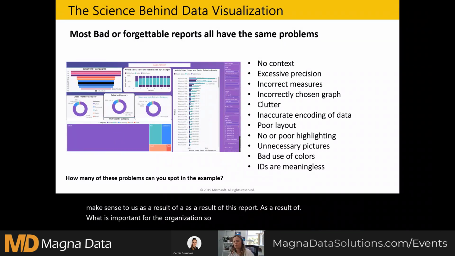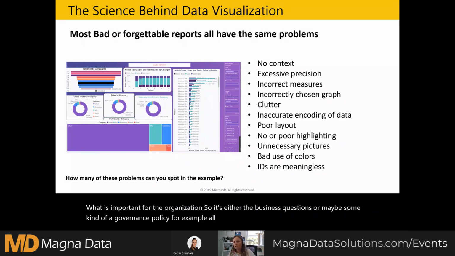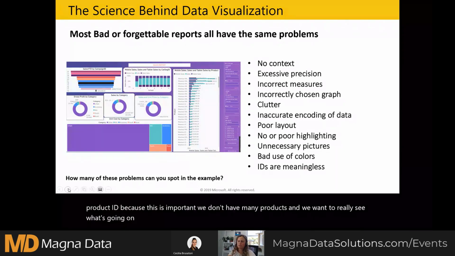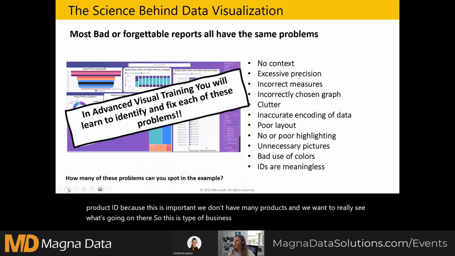So it's either the business questions or maybe some kind of governance policy. For example, all financial reports need to have granularity of up to product ID, because this is important. We don't have many products and we want to really see what's going on there. So this is a type of business rule that can be enforced there.